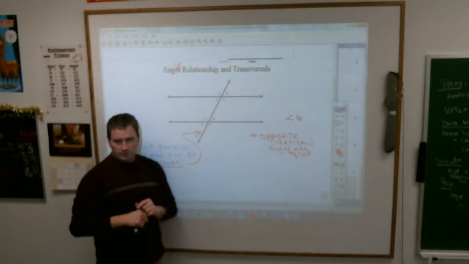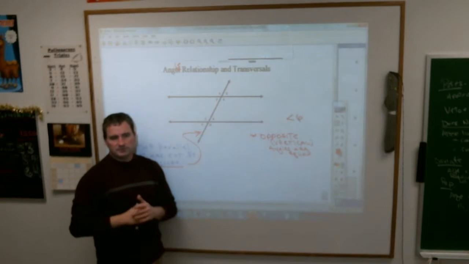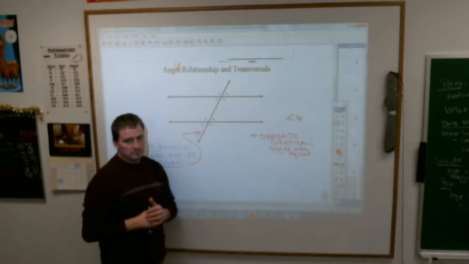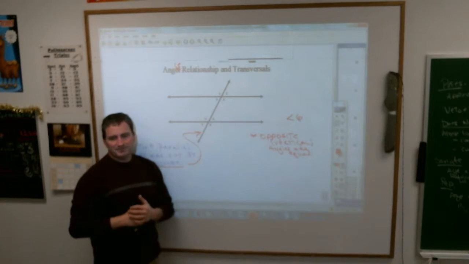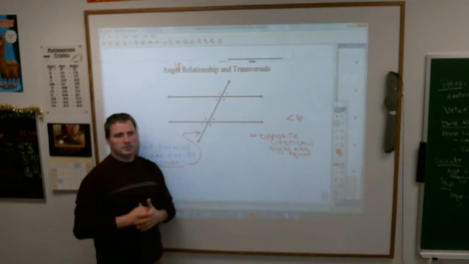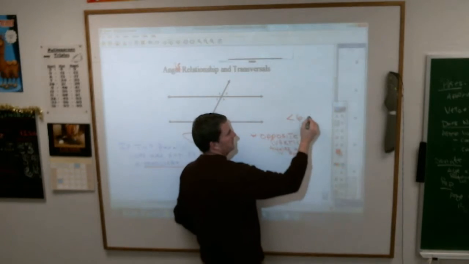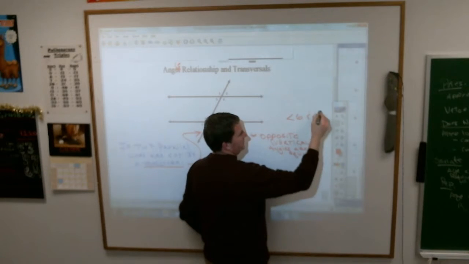We'll get to that one though. Calvin? Angle 4. Not angle 4 either. Think of opposite as being on the other side of. Grace? 5. Not angle 5. We've almost extinguished them. Gary? Angle 7. Angle 7, yes. Angle 6 and angle 7 are opposites.